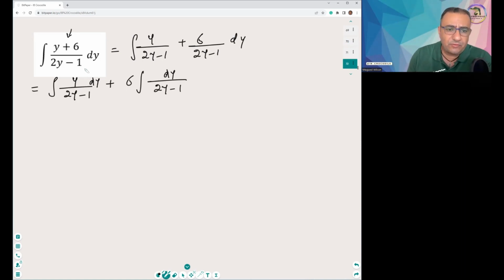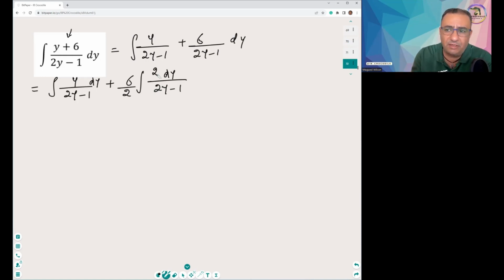Now let's try to find the derivative of the denominator. The derivative of 2y is 2, and the derivative of -1 is 0 because it is a constant. So we need just a 2 up here, which is easy, right? We can multiply by 2 and divide by 2. So we have the integral of 2 dy divided by 2y - 1.